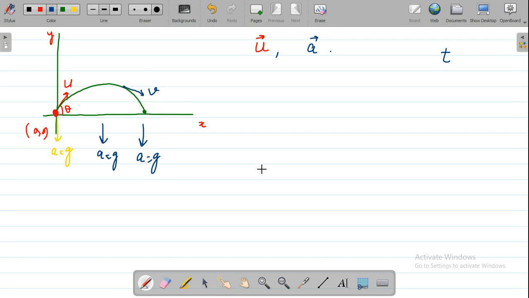How can we find this? We know this type of motion is uniformly accelerated motion, so v is equal to u plus at. This is the first equation. Second is s is equal to ut plus 1/2 at square.